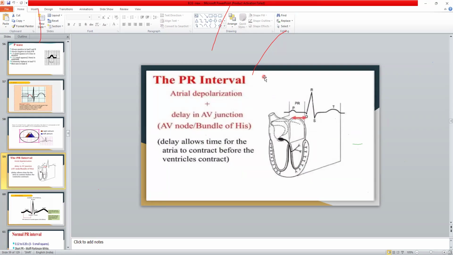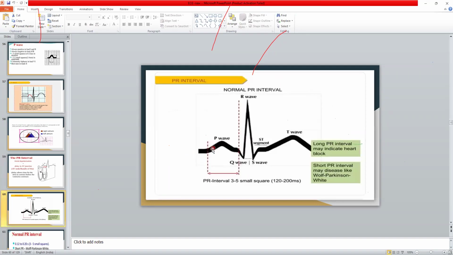This PR interval represents the time taken for the electrical impulses to travel from the atria, that is from the right atria, to the ventricles, specifically from the start point of the P wave to the starting point of the QRS complex.